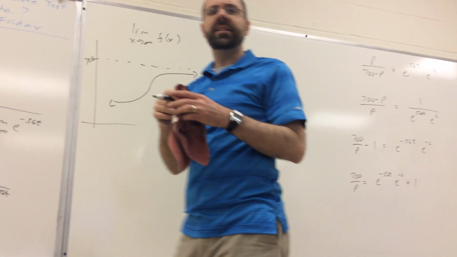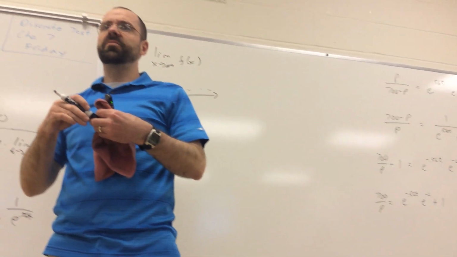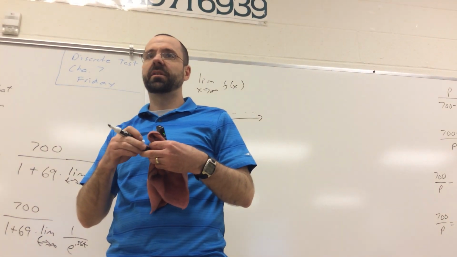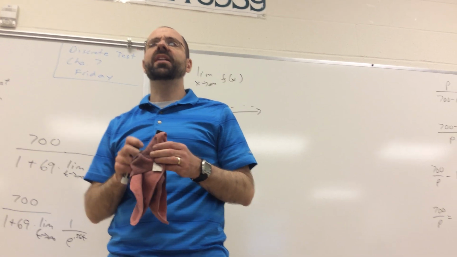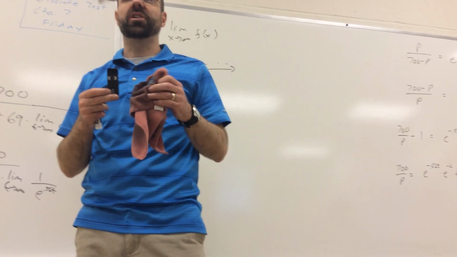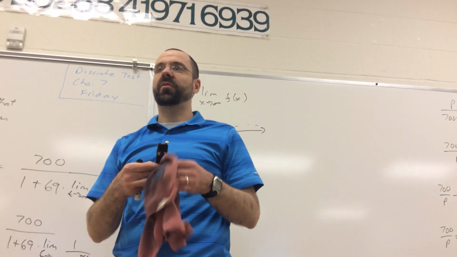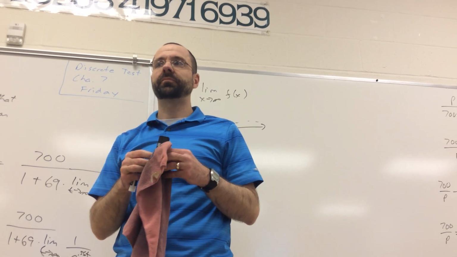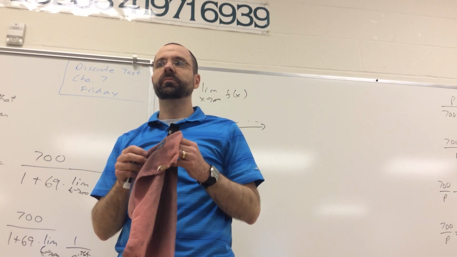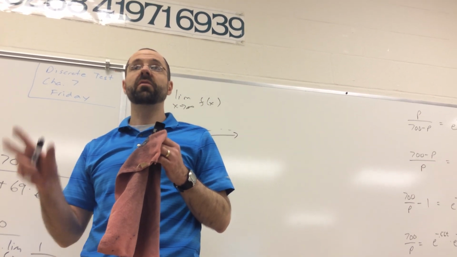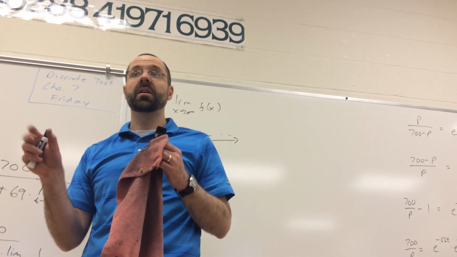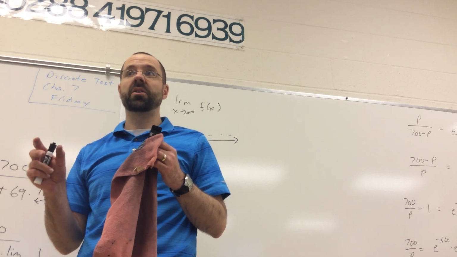Okay, just one other thing I need to say. There's a couple of problems that are maximum problems. So that's review from before. Let's say we wanted to find the maximum population. What would we do to find the maximum population? Take the derivative of the population formula and set it equal to 0 or undefined, right?